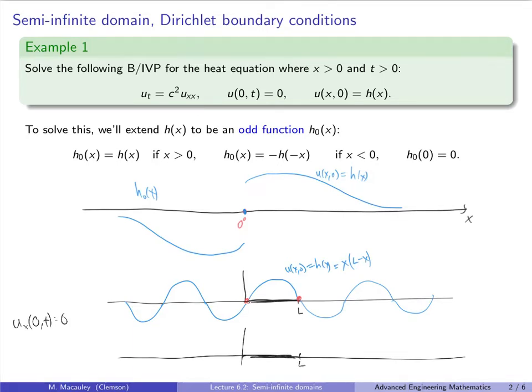Recall that if we have the same initial condition, but we had this condition, then we had to take the even extension. So not surprisingly, if we have type 2 boundary conditions, we do the same thing here, but instead of an odd extension, we make it an even extension. And we'll do that later.